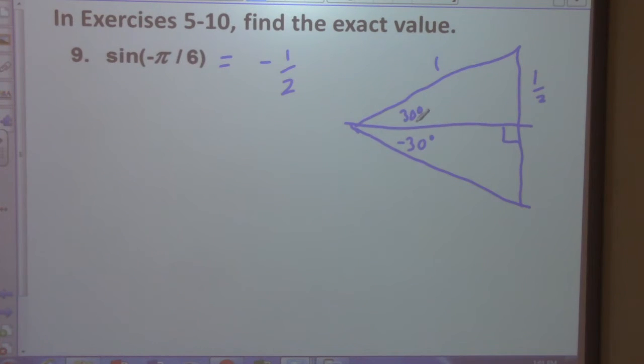So with our reference angle, sine is 1/2 over 1, but we're down here in quadrant 4, so what is it going to be? Negative 1/2. Okay, so that's just using our reference angles. And our reference angle is always going to be positive, always between 0 and 90 degrees.